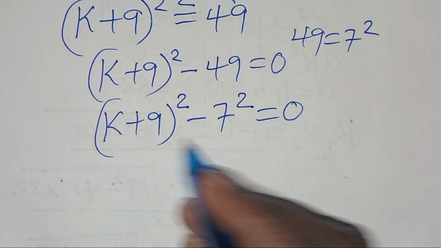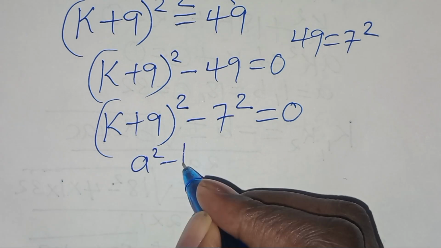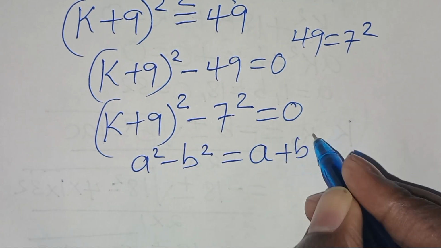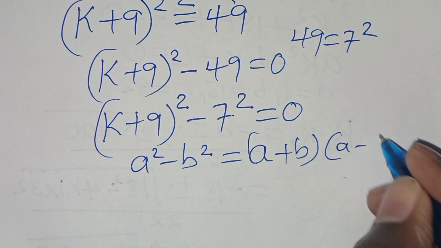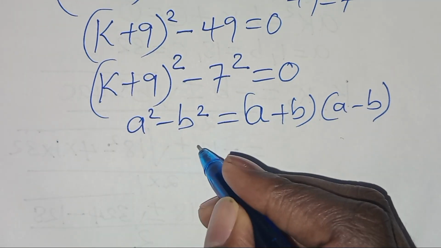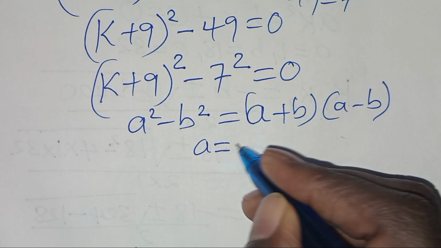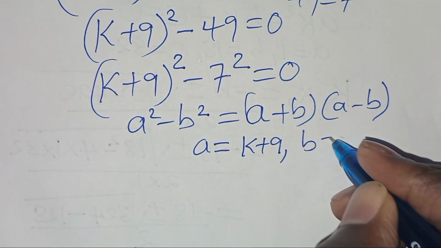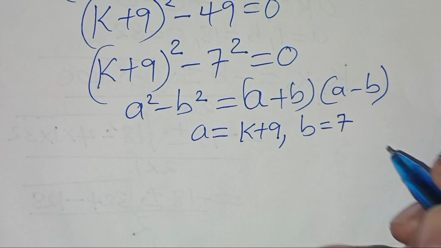Now this is actually in the form of a^2 - b^2, which we can express as (a + b)(a - b). In this case, we have a equal to k + 9, and b equal to 7.